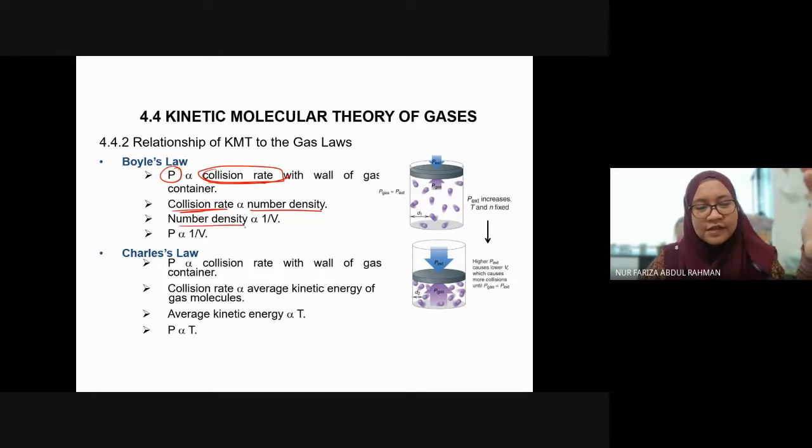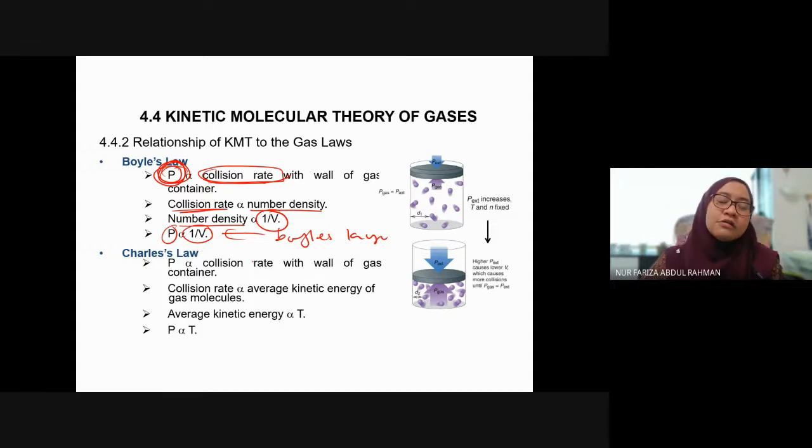And the number density is directly proportional to 1 over V. At the end of the day, P is directly proportional to 1 over V, which is Boyle's law. Betul tak? This is Boyle's law.